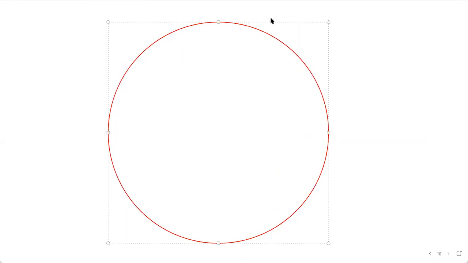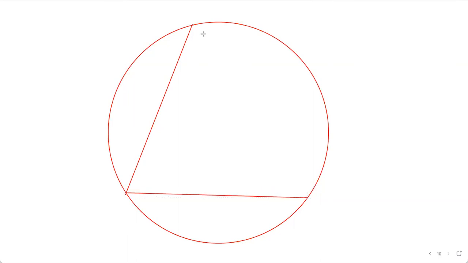Those who know power of a point, Ptolemy's theorem, all this, they can try it out because I'm going to discuss those now. So you might not feel bored.